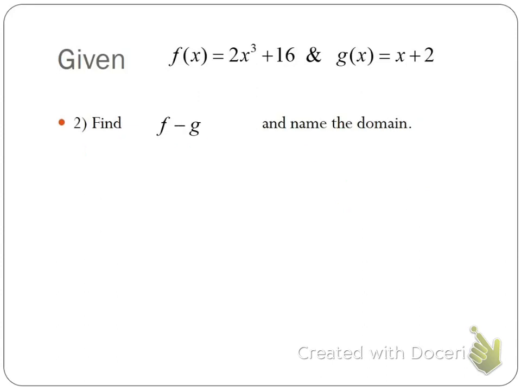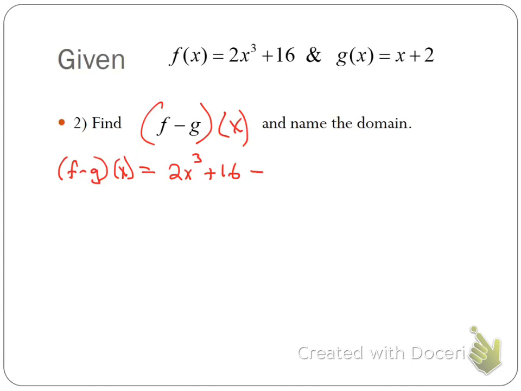So now when I say find f minus g of x, we're going to take this f function, 2x cubed plus 16. So I'm going to take the f of x, 2x cubed plus 16, and I'm going to subtract g, x plus 2.